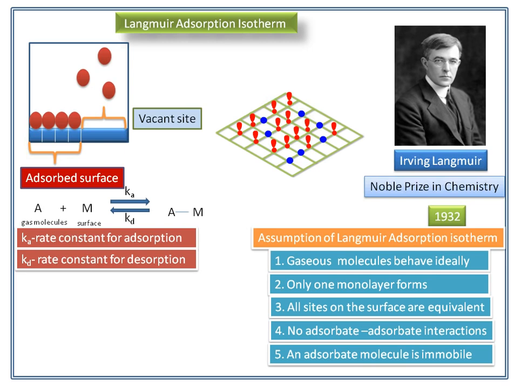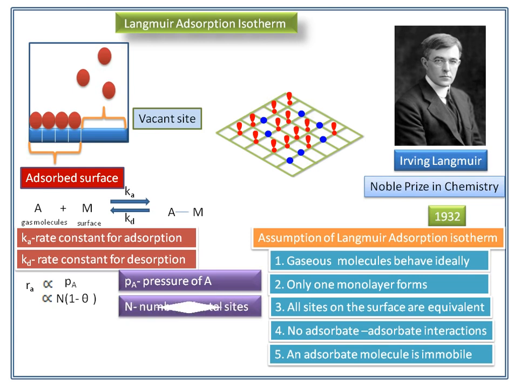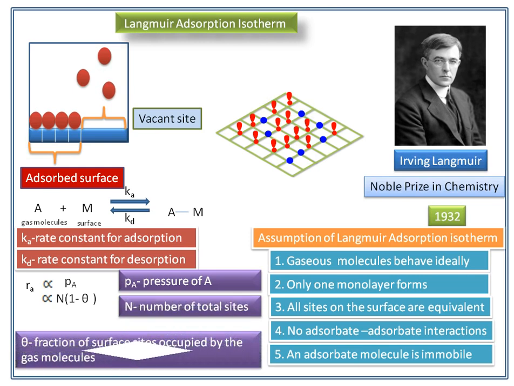The rate of adsorption is directly proportional to the partial pressure of A and the number of vacant sites on the surface, that is n into 1 minus theta. Pa is the partial pressure of A, n is the total number of sites, theta is the fraction of surface sites occupied by the gas molecule. So the rate of adsorption is directly proportional to Pa into n into 1 minus theta.